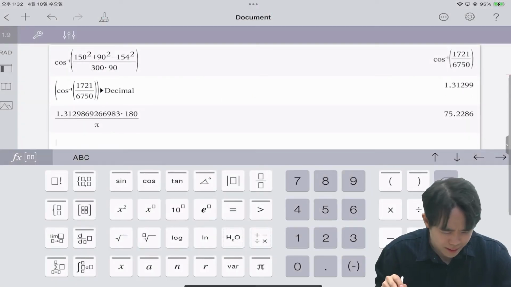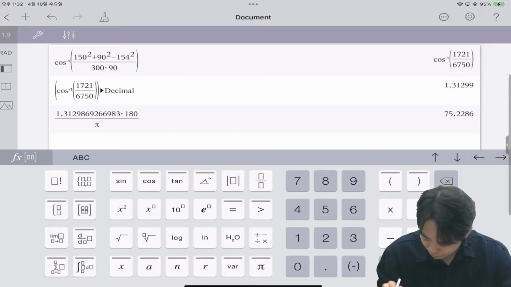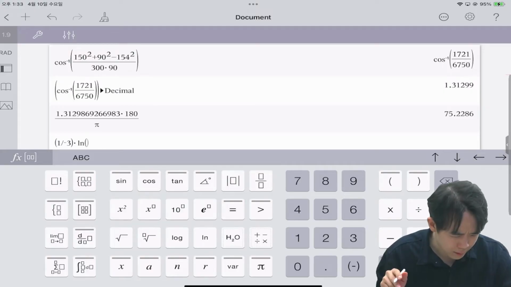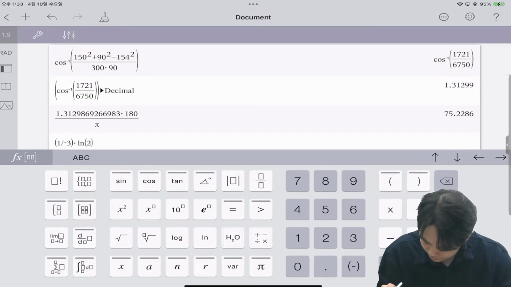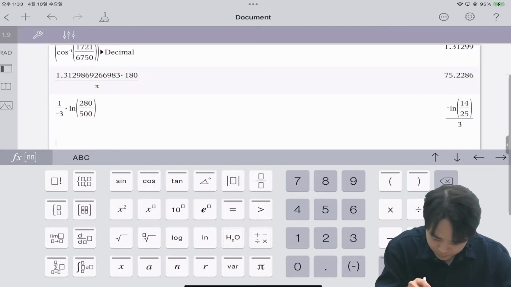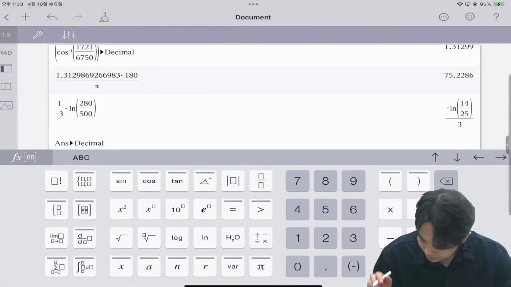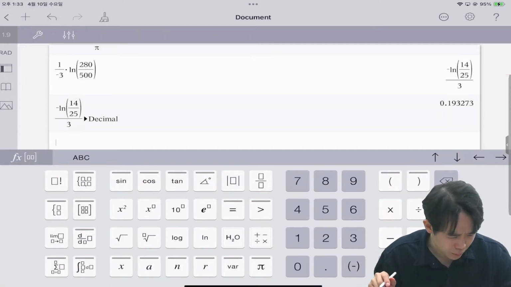Okay, so we would get 1 over negative 3. Right. And then we multiply the natural log of 280 over 500. So if you convert that to decimals, that should give you somewhere around 0.193.